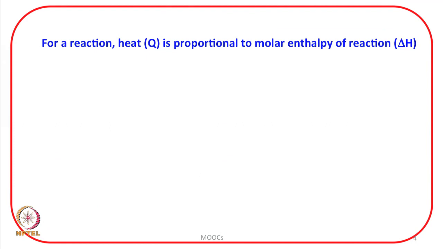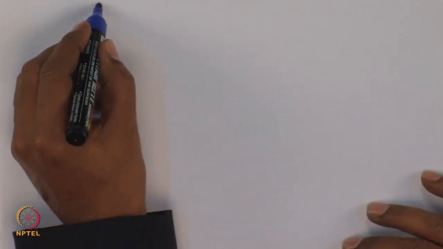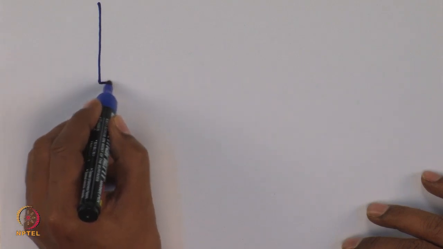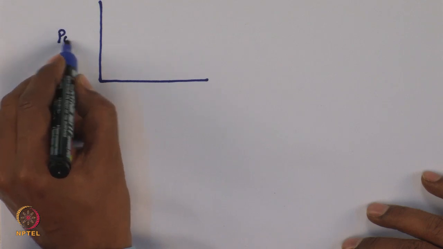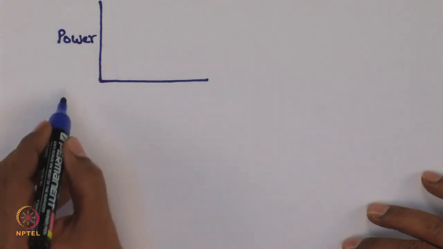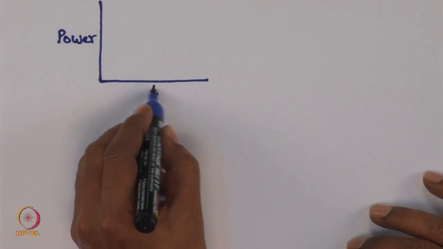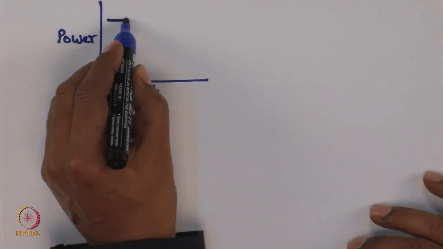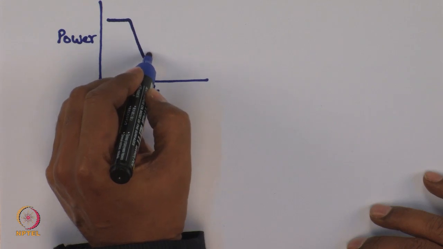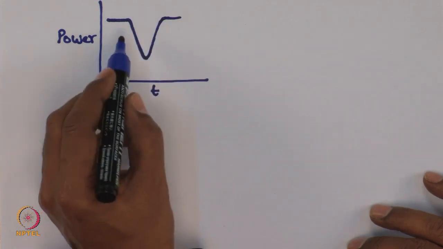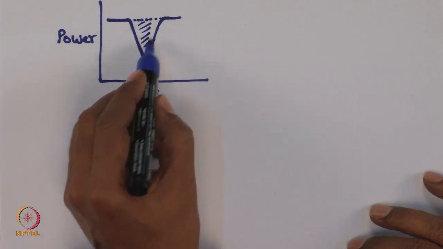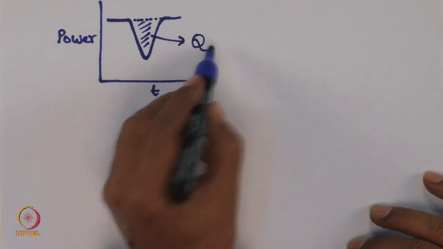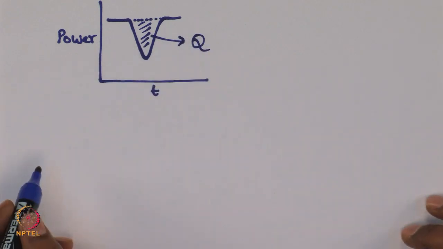In an ITC, I will just draw one injection peak: it is power in microcalories per second or microjoules per second versus time, an initial baseline, and then there is an injection and the peak. And we know that this area is Q, the amount of heat absorbed or the amount of heat evolved.